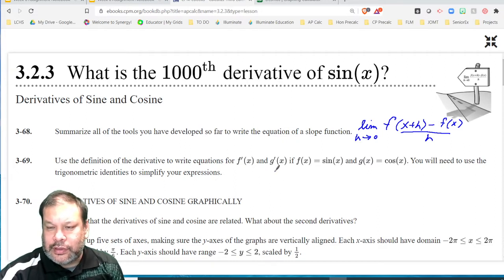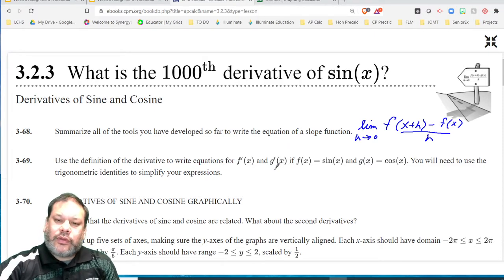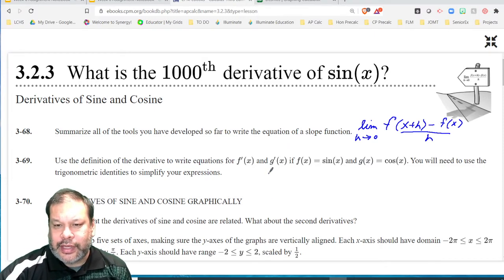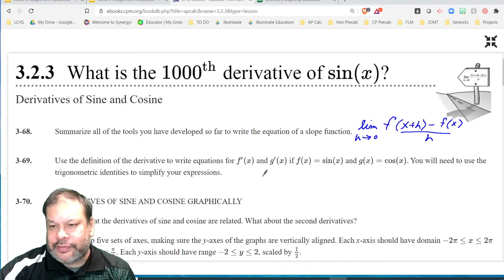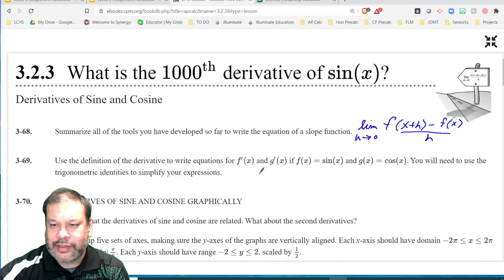So this is something you're going to have to do throughout the course as well as on the AP exam. Sometimes they will ask you to use the formal definition of the derivative to find the derivative. So we'll use this definition to find the derivative of sine of x.